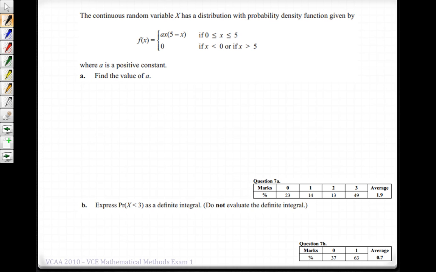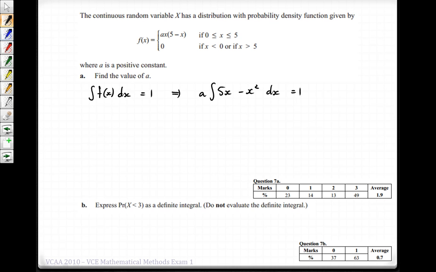The important thing here is that whenever we're asked to find a in a question like this, we know that the area under the PDF is always equal to 1. So that means that the integral of f of x dx equals 1, which is the same as saying a outside the integral of 5x minus x squared dx equals 1.